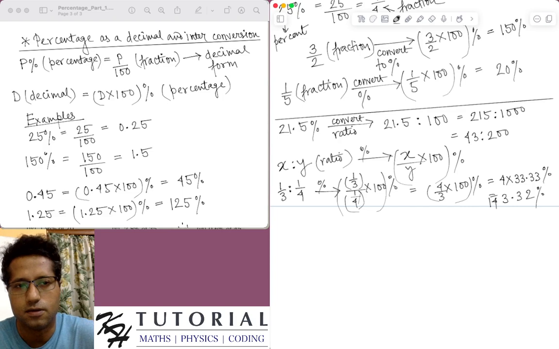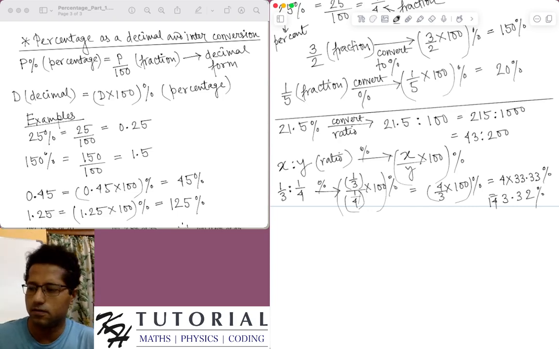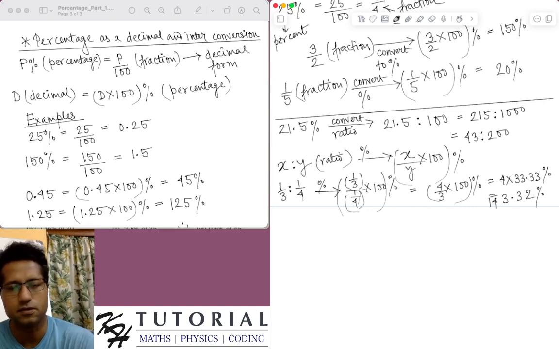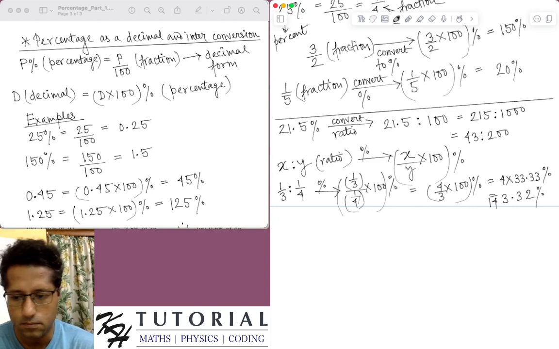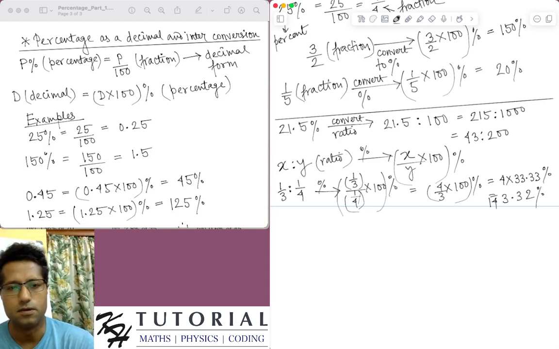First we convert it to a fraction, which is p by 100, and then we express this fraction in decimal form. We have studied in the chapters on fractions and decimals how to get a decimal from a fraction. Using that concept, we will express the fraction in decimal form.